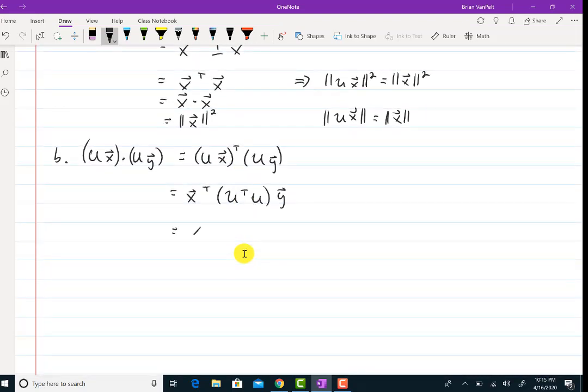The u transpose u will be I, so that'll be x transpose y, which, as we know, is x dot y. Part C, I'll use a word that is famous among mathematicians, and that's trivial.